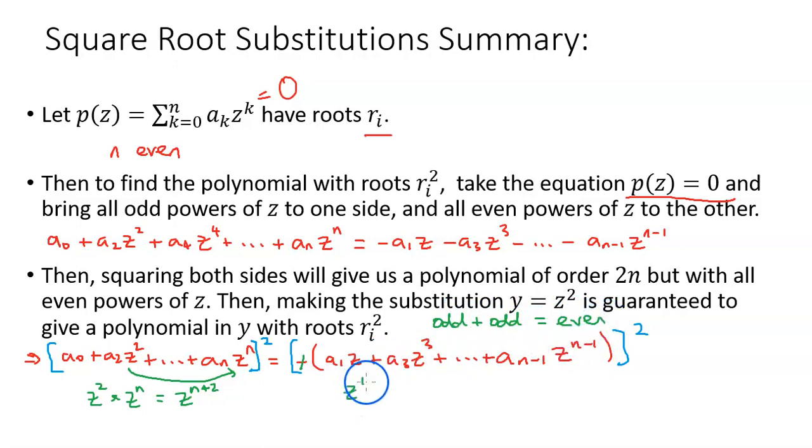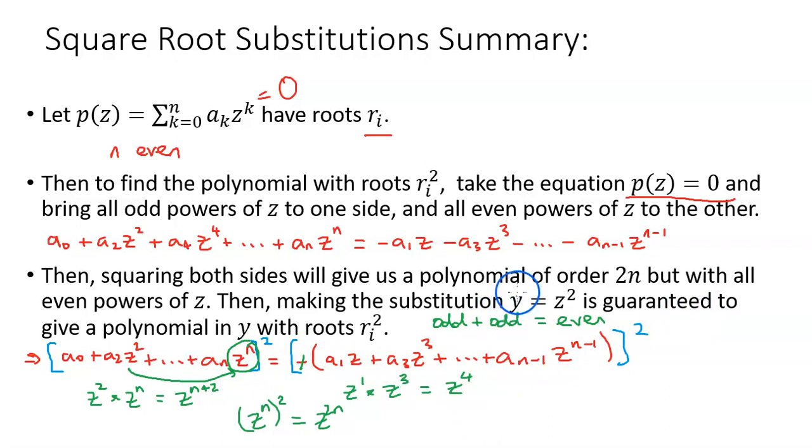For example, z to the power of 1 times z to the power of 3 equals z to the power of 4. So you're going to get a big polynomial equation of order 2n, because z to the power of n squared equals z to the power of 2n. And all of the powers in that polynomial equation are going to be even.